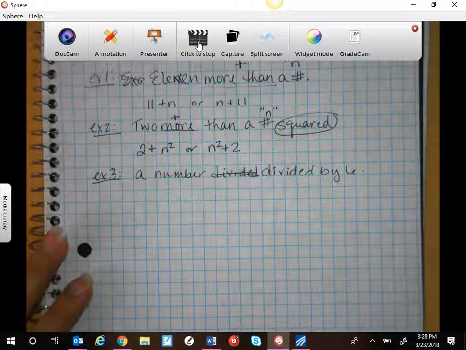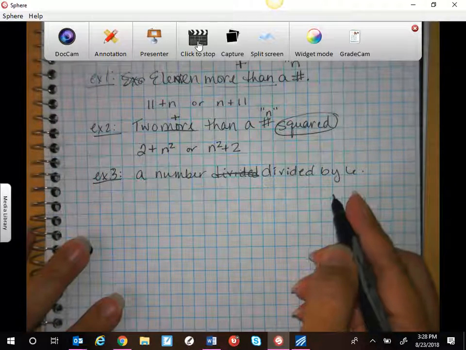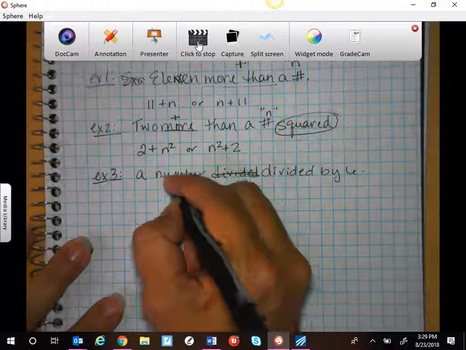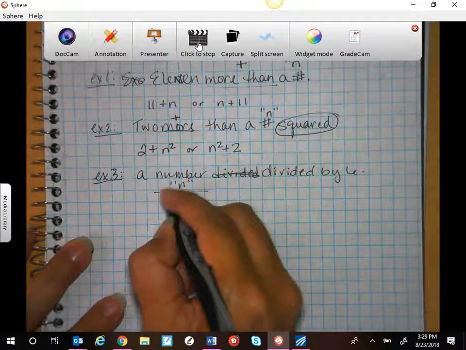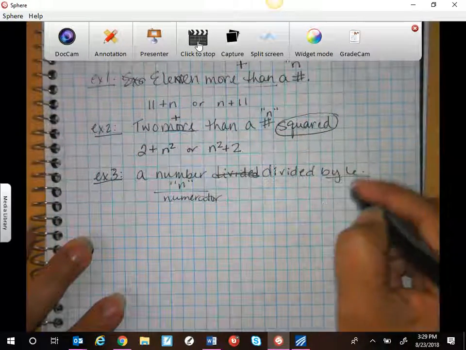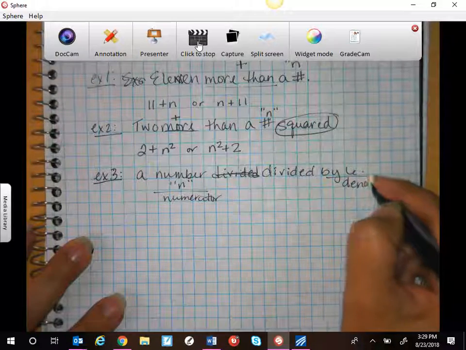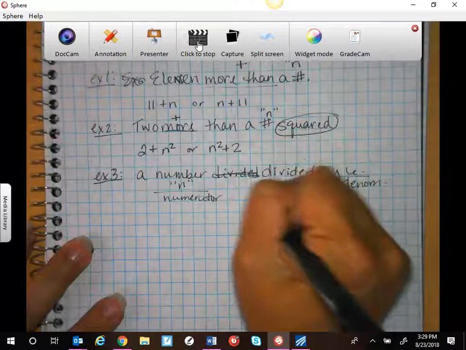In algebra, division is going to be a fraction, and you should have learned in 7th grade, or even in 6th grade, that order matters. So this first part is going to be your numerator, and this is at the end, so this is going to be your denominator. So the way we're going to write this is n over 6.